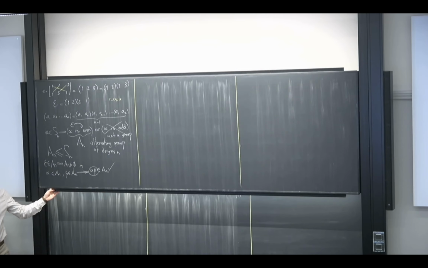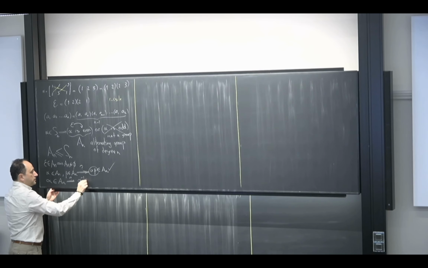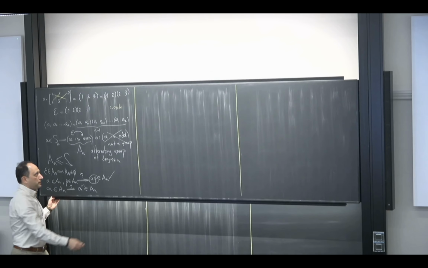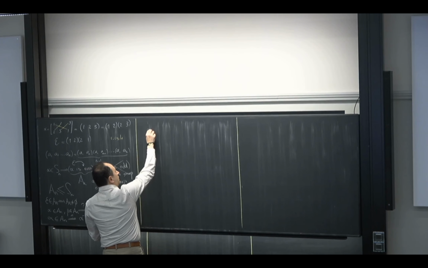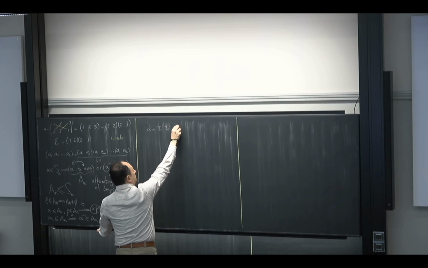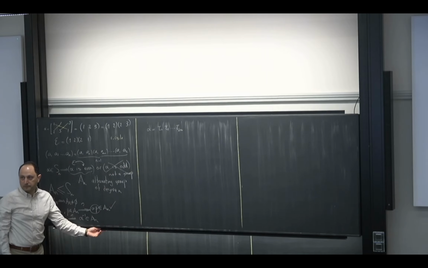One more. If alpha is in A sub n, I want to convince myself that alpha inverse is also in A sub n. But that's also true. Do you remember, based on which theorem? If alpha is in A sub n, it means alpha is equal to tau 1, tau 2, up to tau 2n, an even number of transpositions.